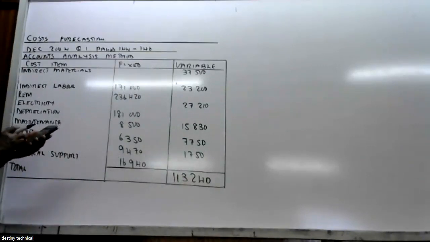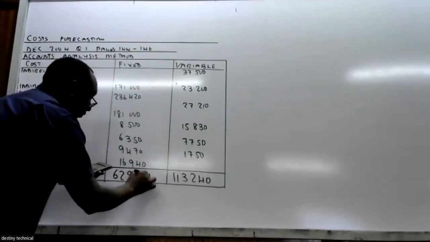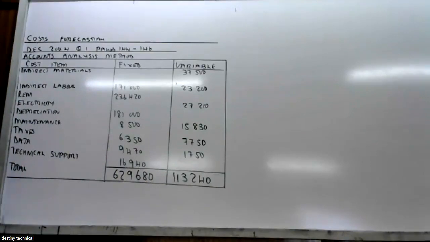Then the fixed: 171,000 plus 236,420 plus 181,000 plus 8,500 plus 6,350 plus 9,470 plus 16,940 is 629,680. Are you agreeing with those figures? Yeah, they are okay. Good.